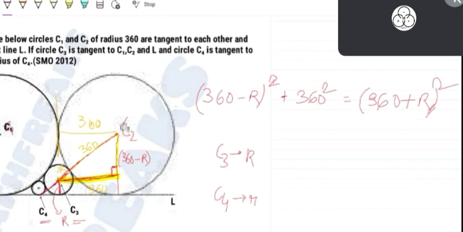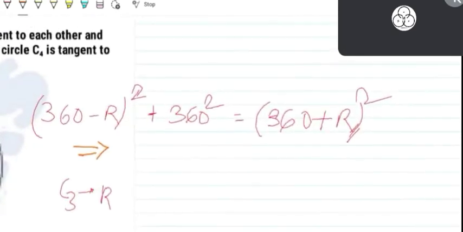So just compute the value of R from here. Do the calculations, please do the calculations for me.